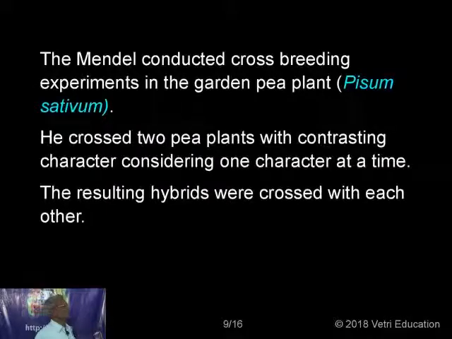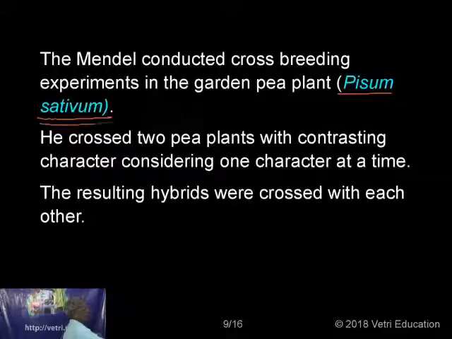Mendel conducted cross-breeding experiments in the garden pea, that is Pisum sativum, the botanical name for the pea plant. It belongs to the family Fabaceae and the main family Leguminosae. Leguminosae is the main family because all the plants coming under that category produce a fruit called a legume.